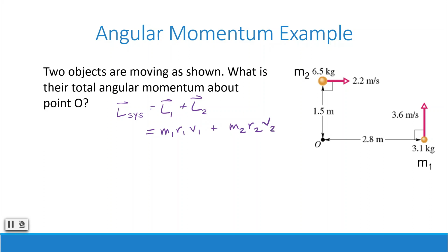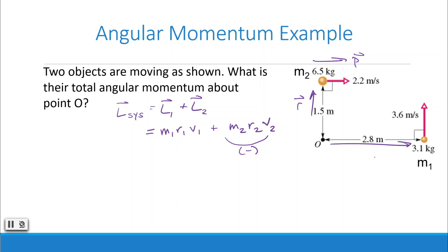Now we do have to consider direction, even though these are not actually rotating. If you use the cross product r cross p, using the right-hand rule, I put my fingers in the direction of r, rotate my palm towards p, my thumb points into the page for this one. So m2 is actually creating a negative angular momentum.